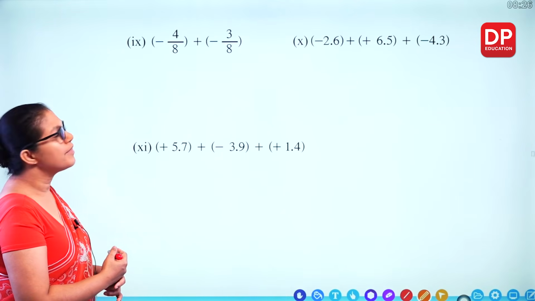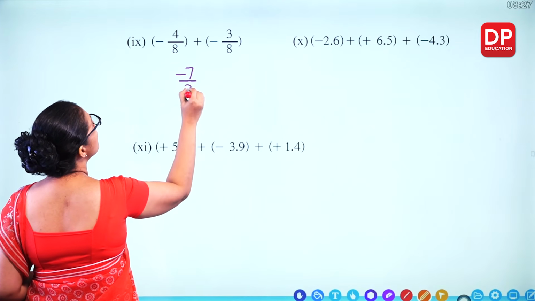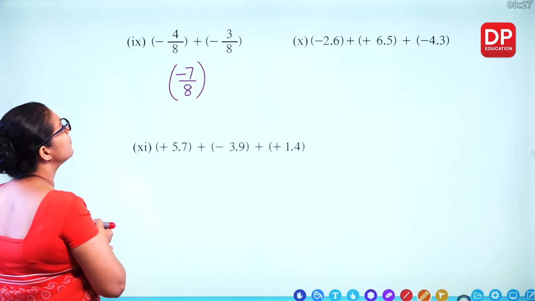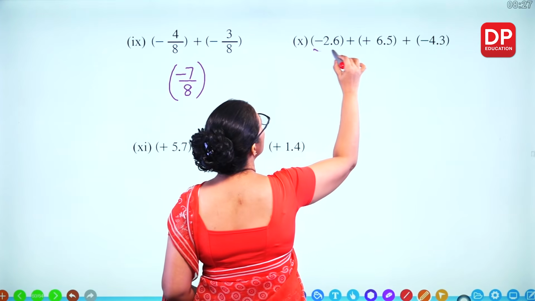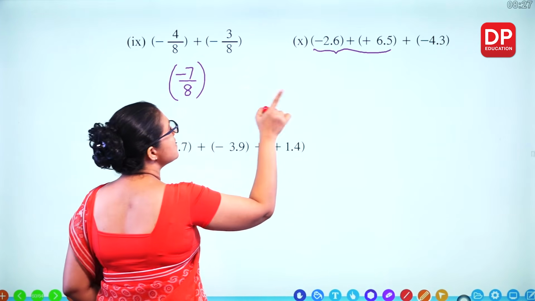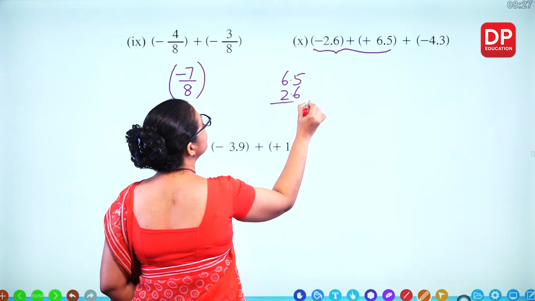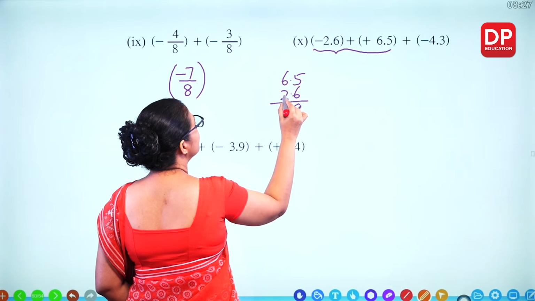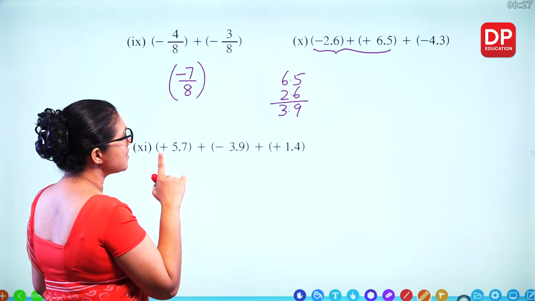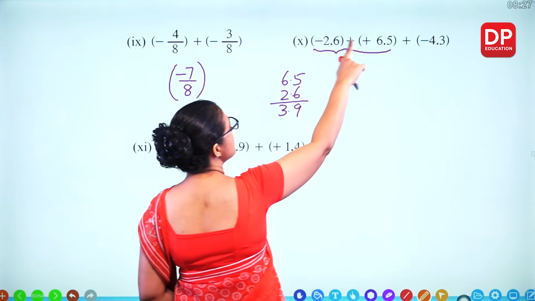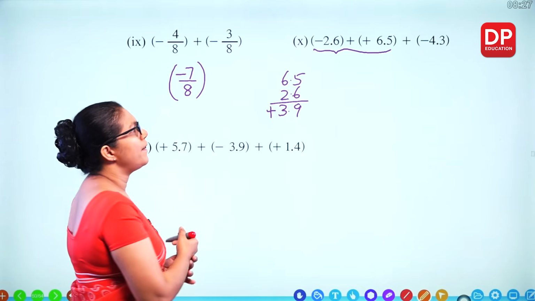This one, both negative. 4 and 3, 7. So 7 over 8. This one, you can do these two first. 1 is negative, 1 is positive means take the difference. 3.9. What's the answer? This is minus plus. So bigger number is plus, so you get plus 3.9.